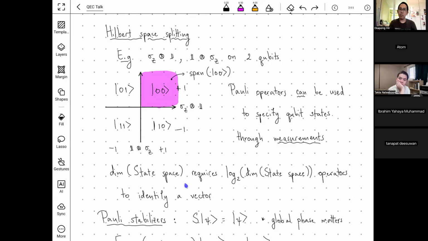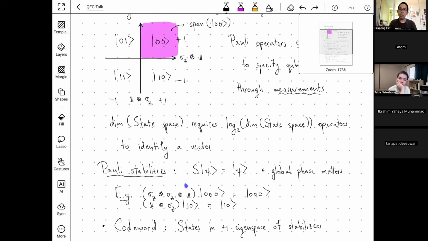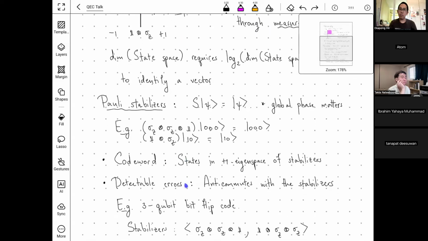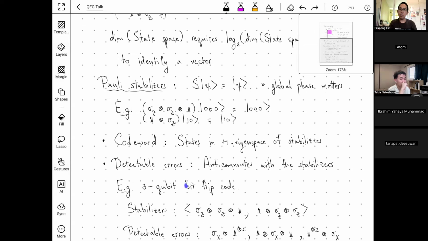That brings me to the next topic, which is the Pauli stabilizers. Stabilizers are matrices that, when acted onto a state vector, leave the state vector the same. The global phase actually matters with this one.